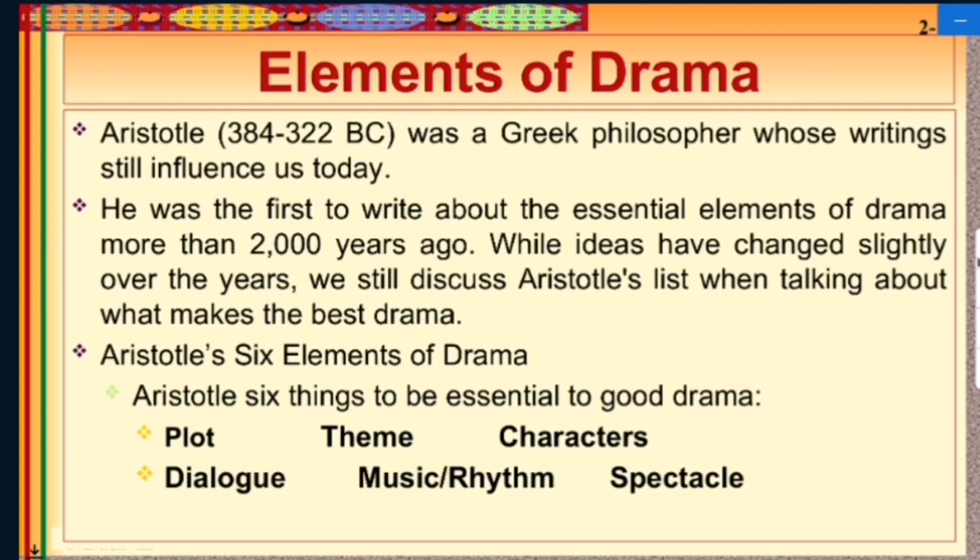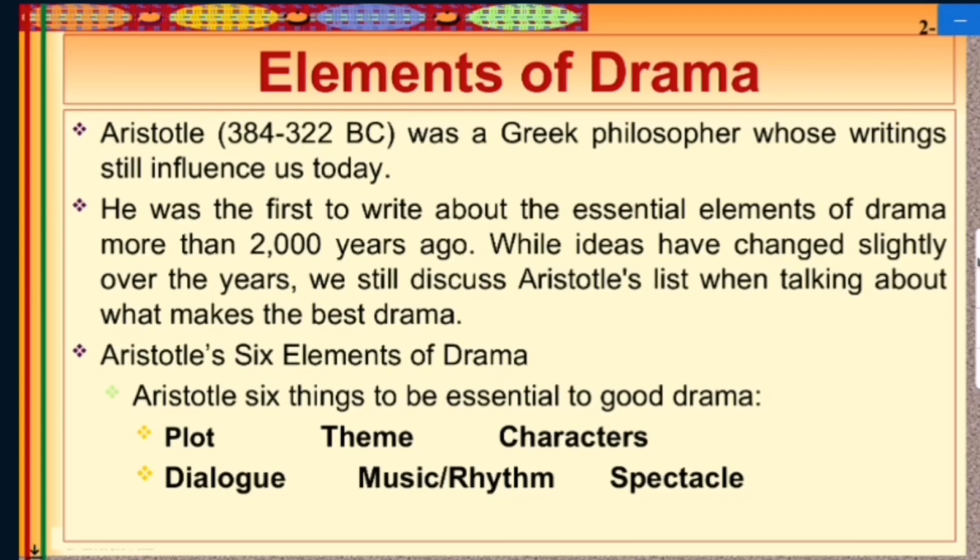While ideas have changed slightly over the years, we still discuss Aristotle's list, which talks about what makes the best drama. So the writing of Aristotle, done 2000 years ago, still has the same importance right now.